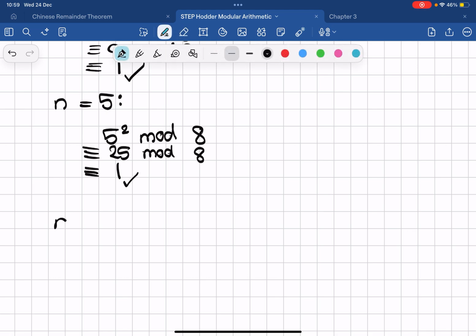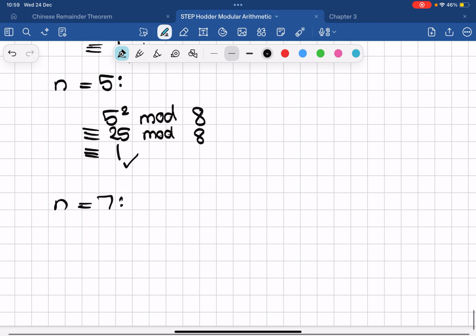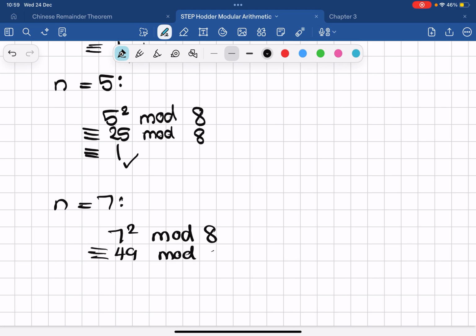I think we can see where this question is going. We've got our last value of n, or a. We've got n equals 7, 7 squared mod 8. 49 is just 1 larger than a multiple of 8, which is 48. So we can say 7 squared mod 8 is congruent to 1. And we can just put another tick here.